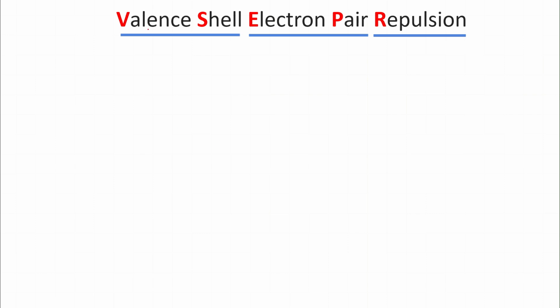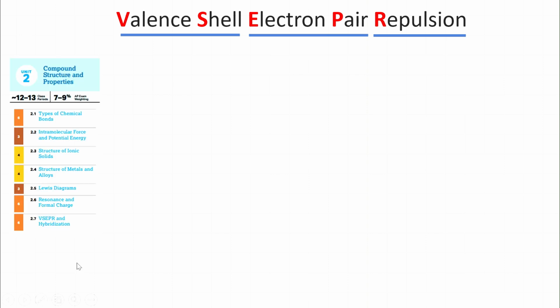Welcome to this lesson on valence shell electron pair repulsion theory, more commonly known as VSEPR theory. It is a part of your AP Chemistry syllabus, Unit 2.